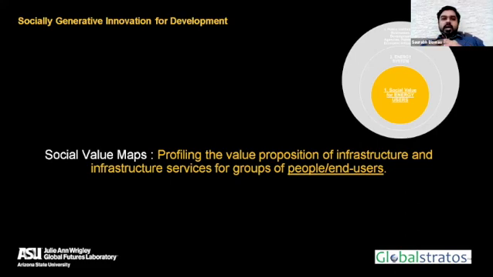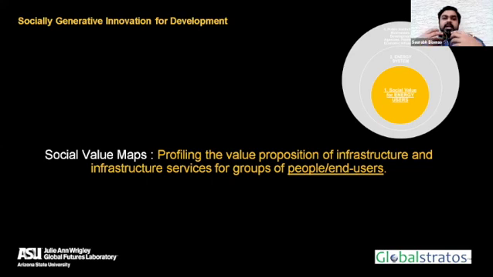So why are social value maps relevant, and what are social value maps? If you recall, we discussed a layered structure of an inquiry, where at the center of this layered structure of inquiry are the users or the people.